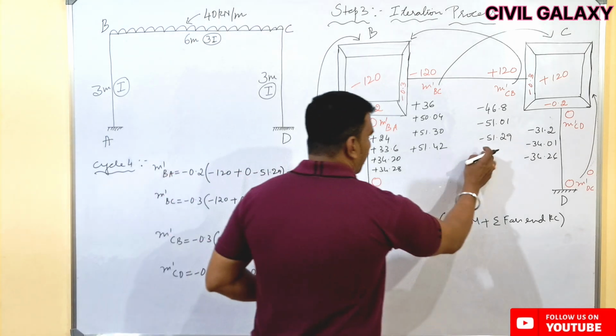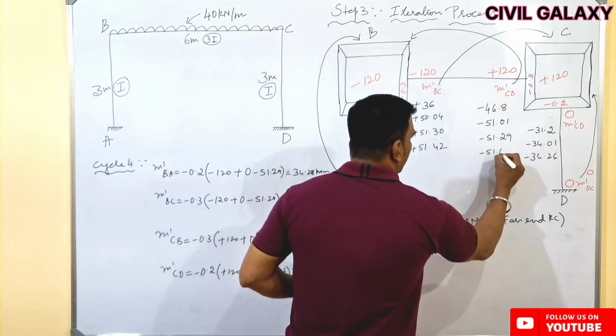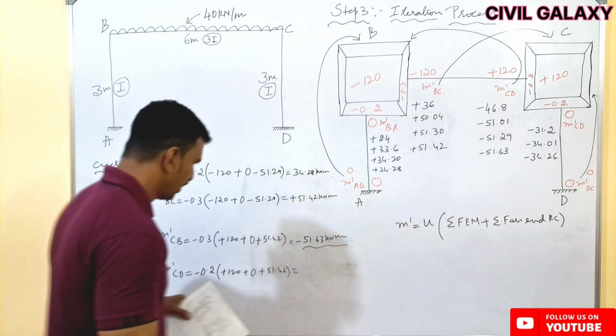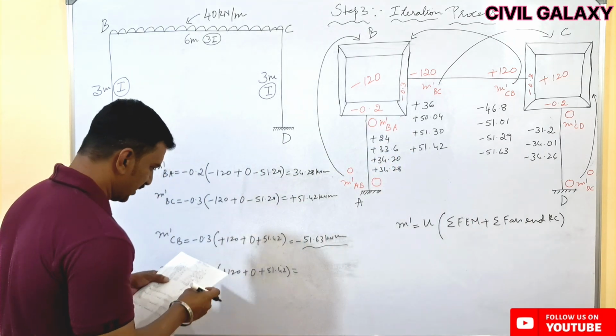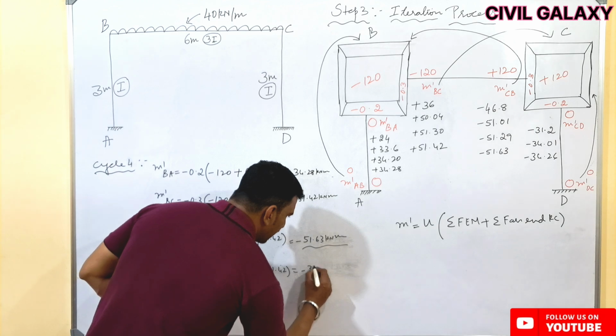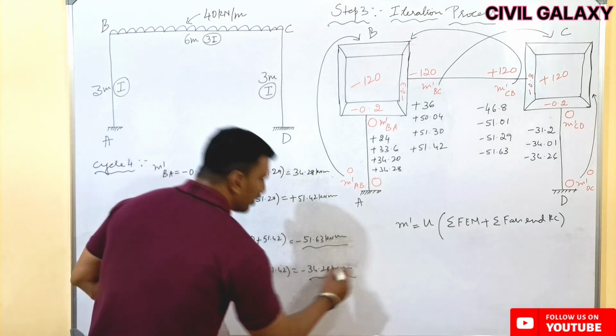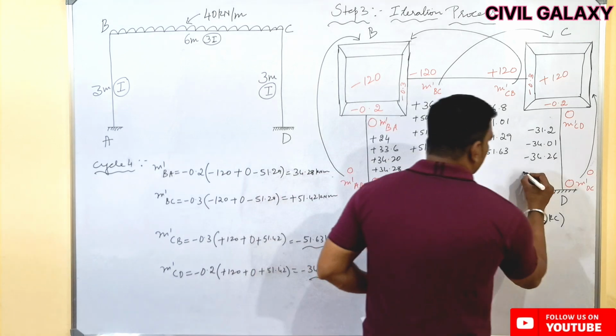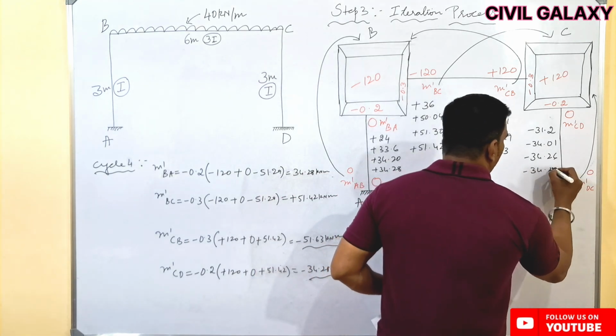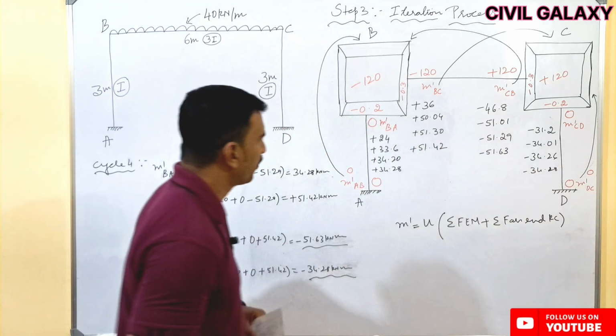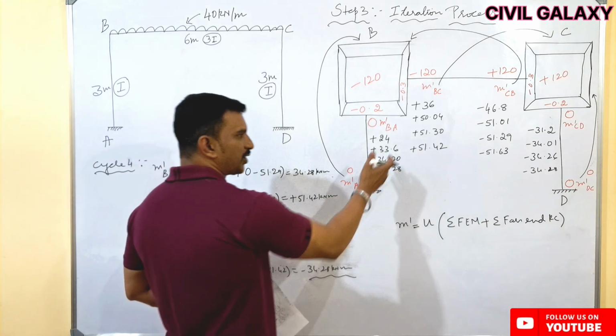It's for this one here, minus 51.63, and here we are having a value of minus 34.28. So minus 34.28 kilonewton meters. So minus 34.28. So now if you observe, the values are almost similar.